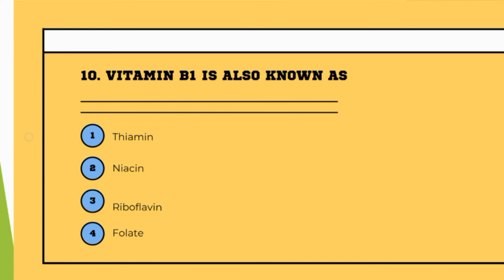Well, thiamine is the answer. So the answer is 1. Vitamin B1, also known as thiamine. Now, niacin is vitamin B3, riboflavin is vitamin B2, and folate is vitamin B9.